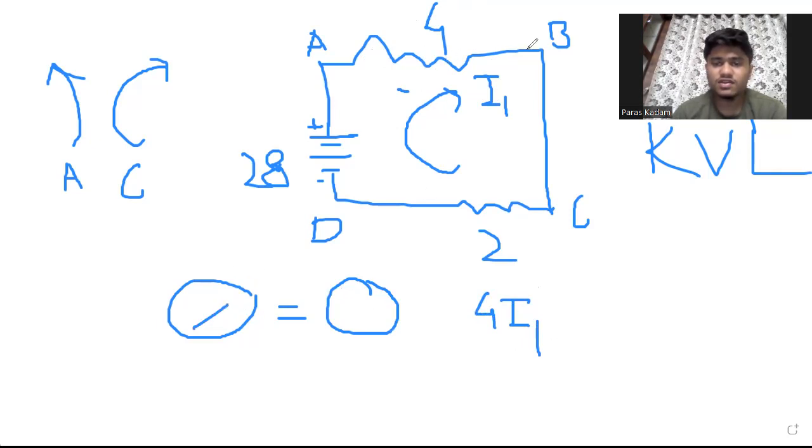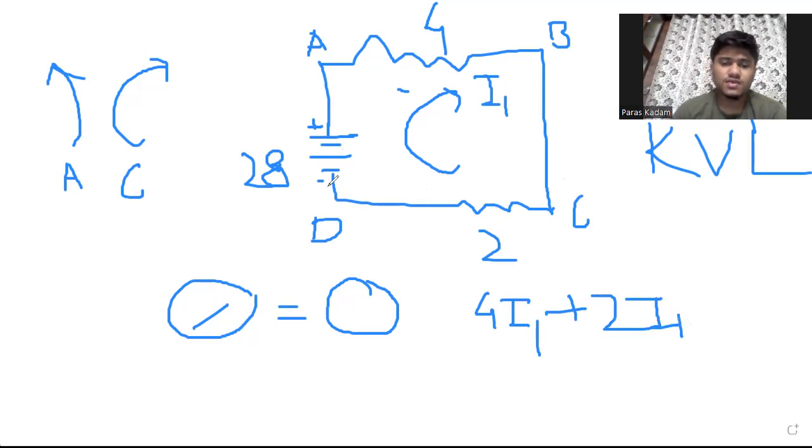Then I will move further to B and C. At BC there is no resistor, so I will move further. From C to D, I am observing a resistor of 2 ohm. Here also I will write plus 2I1, because the 2 ohm is connected in series.